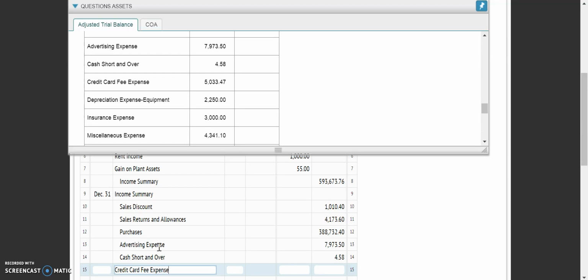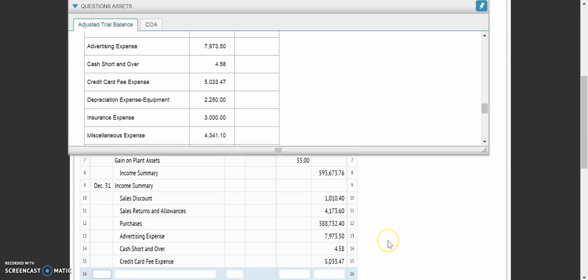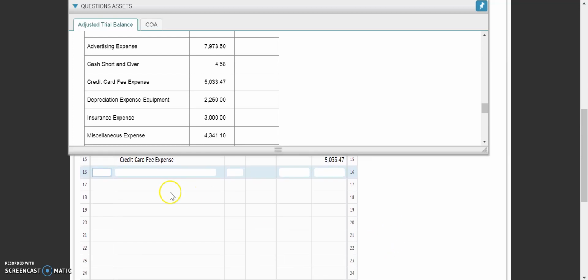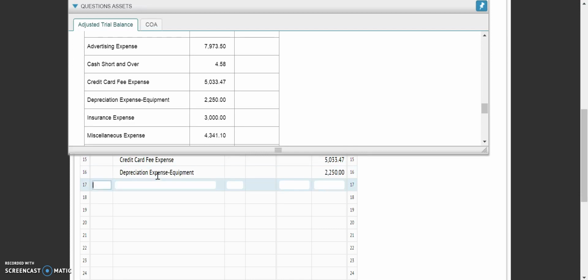Credit card fee expense, 5033.47. And I'm just going to scroll up a little bit. We have depreciation expense, equipment for $22.50. Insurance expense.